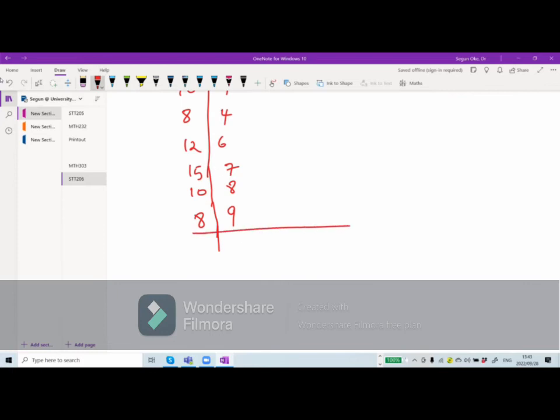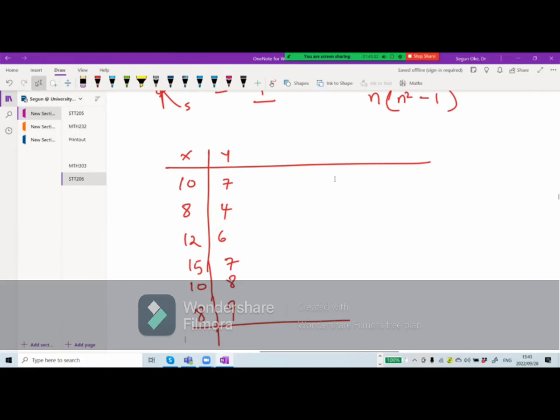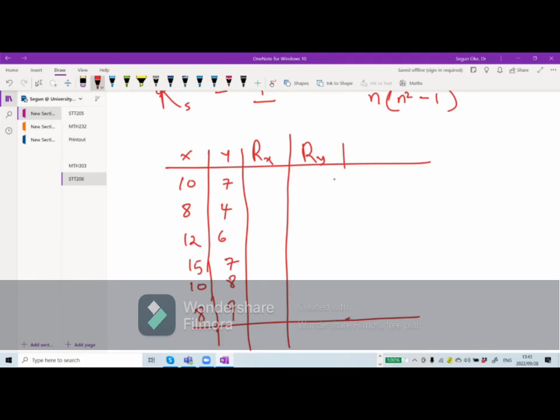So once you have this, we need what we call rank X, and we need rank Y. For rank X, we need to be careful in ranking.